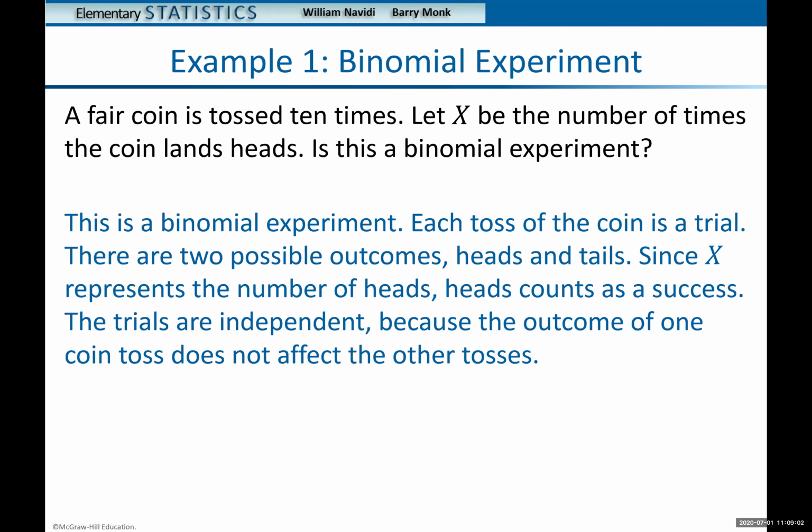And all those trials are independent. Let x be the number of times the coin lands heads. When it's heads, that is a success, and tails is a failure. That's why this is a binomial experiment.